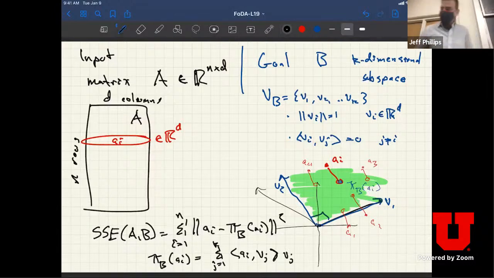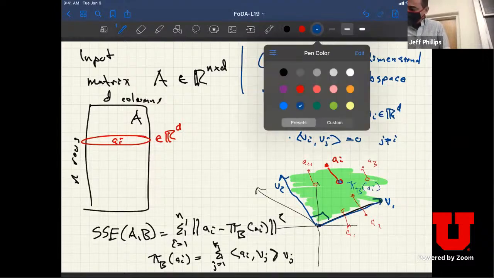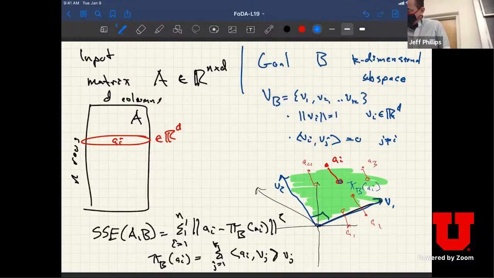So for instance, if I looked at just this one point projected onto V2, this light blue point, the length of it, the distance from the origin, is the dot product, and then I move it along this vector some amount, and that gives me the actual point which lives in R^d.